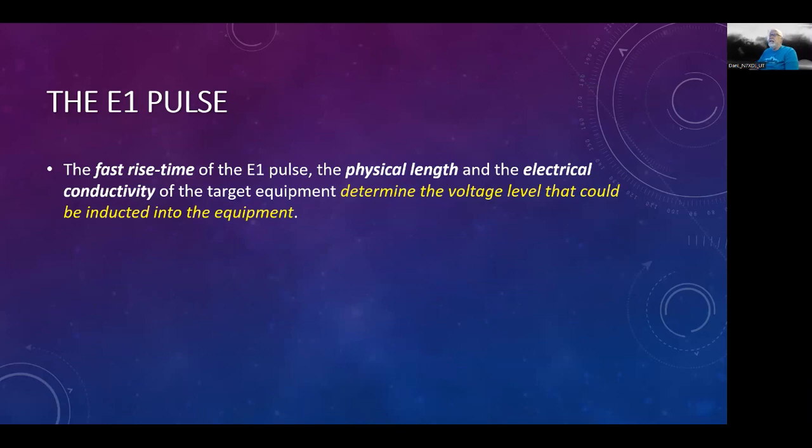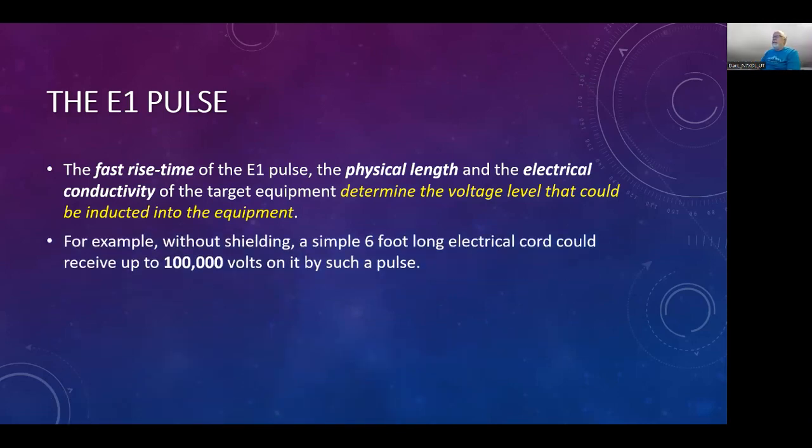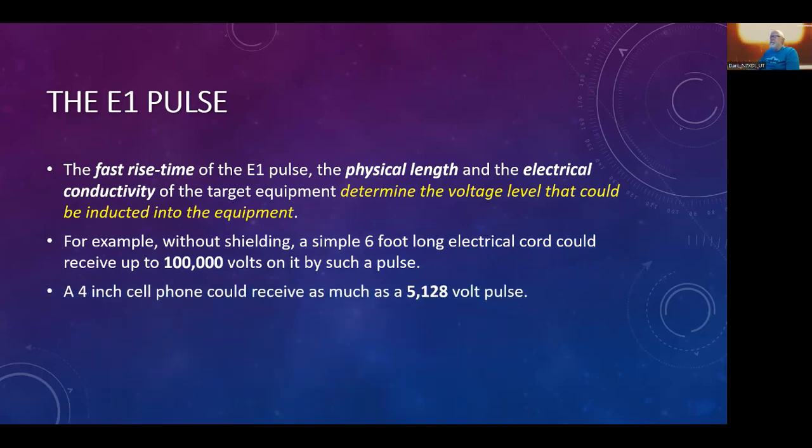All three of these things are used in the equation. As an example, and I already talked about this, a 6-foot long electrical cord could receive up to 100,000 volts if it's not protected. A 4-inch cell phone, unprotected, could receive a 5,000 volt pulse.